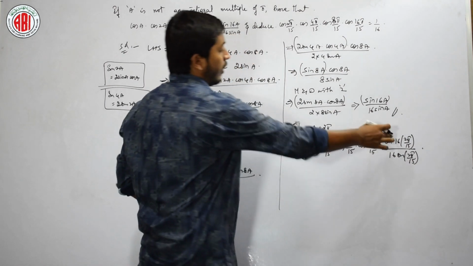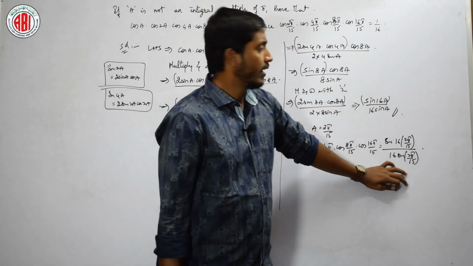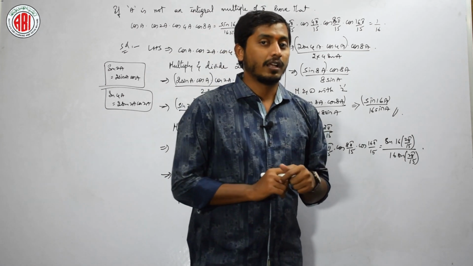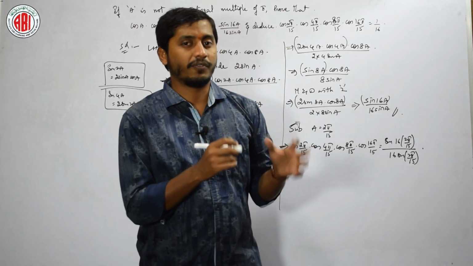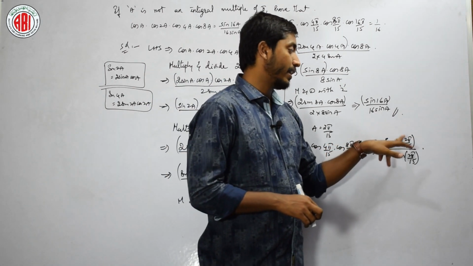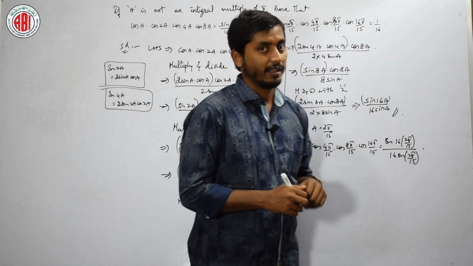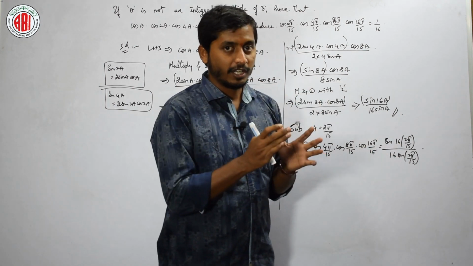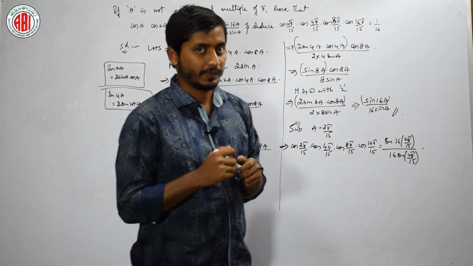See here, how to write this? 16 into 2 pi by 15. We have discussed in a few sessions before that if the numerator is just above the denominator, I can write this 16 into 2 pi as 15 into 2 pi plus 1 into 2 pi, isn't it?